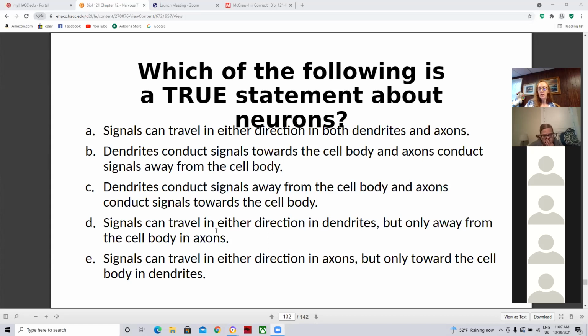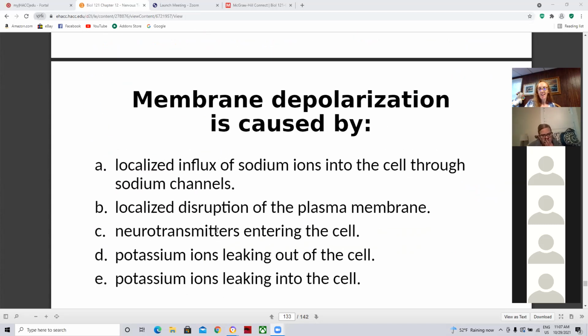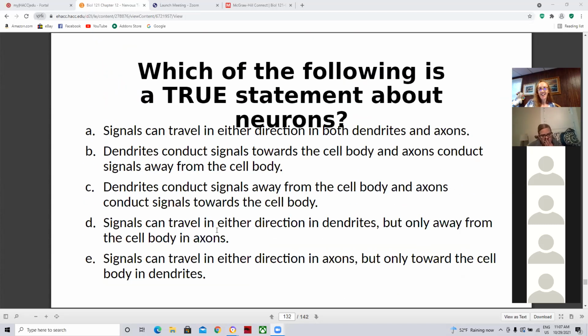I would say you're right. I was a little lost reading that, but I figured it was D because it goes away from the cell body and axons. Yeah, because we have those refractory periods. It can't go in either direction.